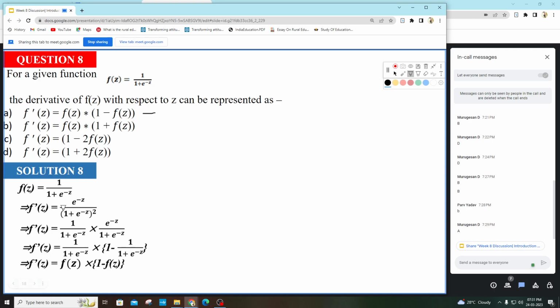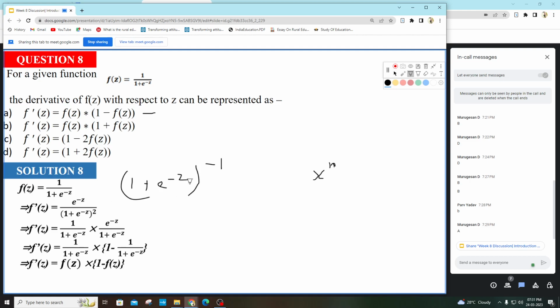It is actually (1 plus e to the power minus z) to the power minus 1. You know that x to the power n is differentiated as n x to the power n minus 1. So minus 1 times (1 plus e to the power minus z) to the power minus 2.